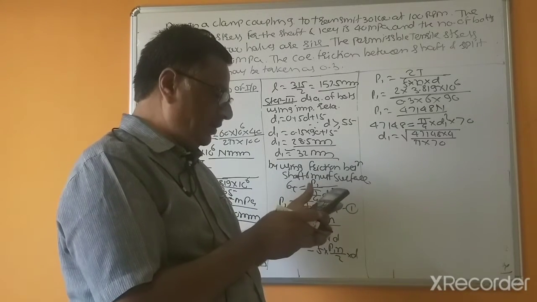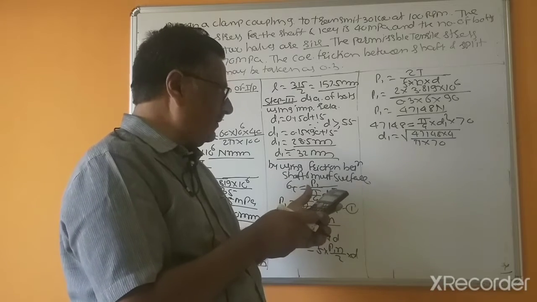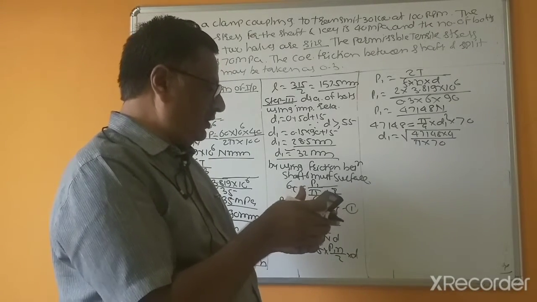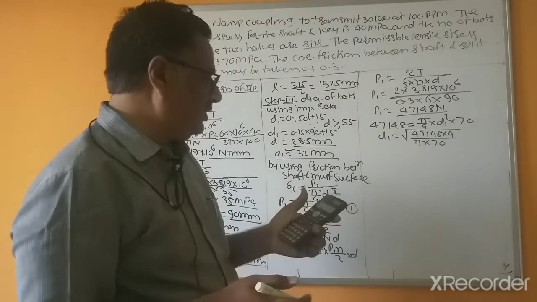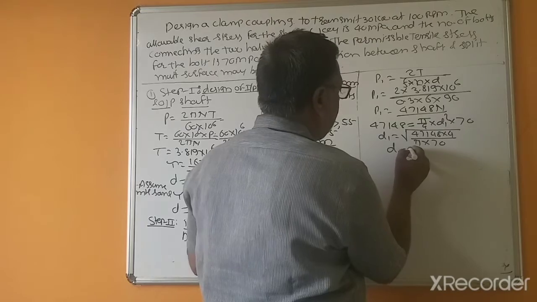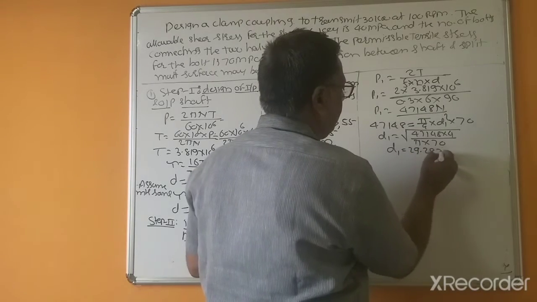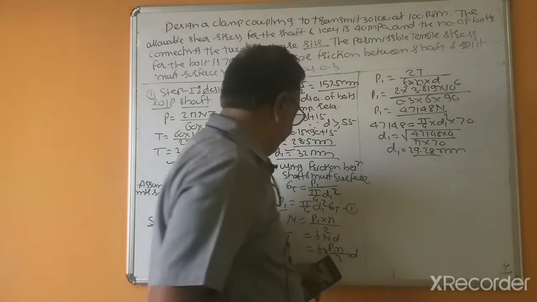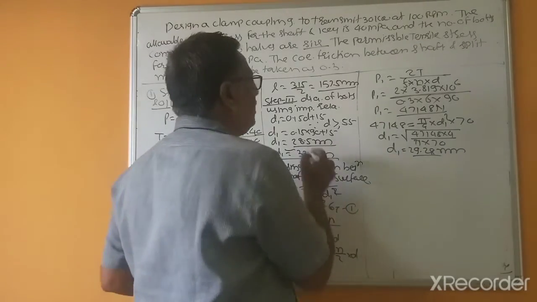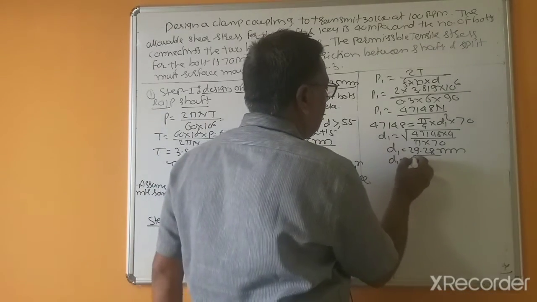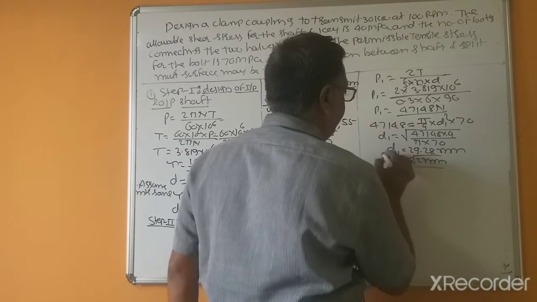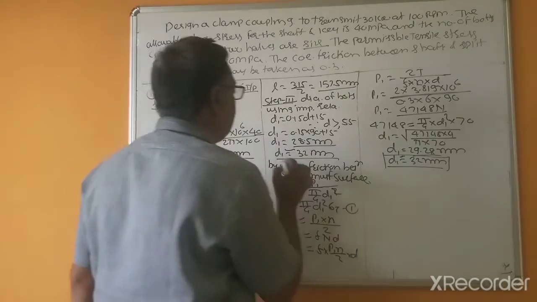I got d1 equal to 29.28 mm, and by using the standard empirical value of 32 or 28.5, we can finalize d1 equal to 32 mm as the diameter of the bolt, right?